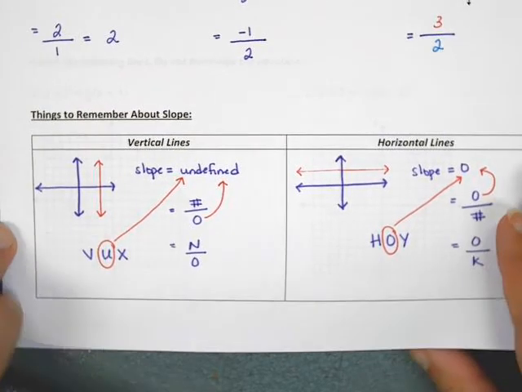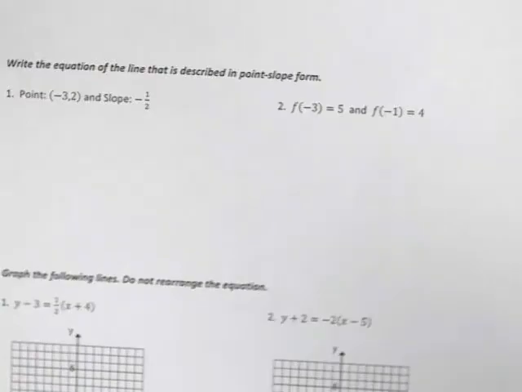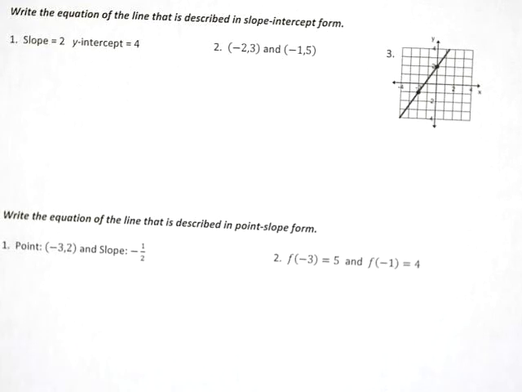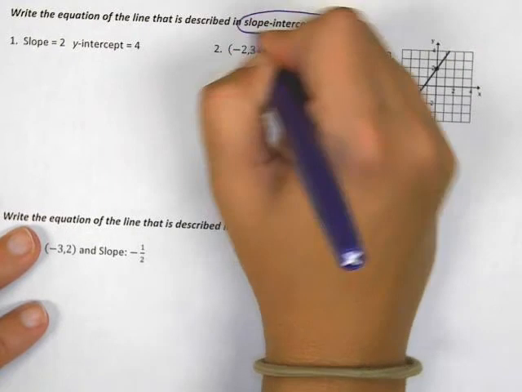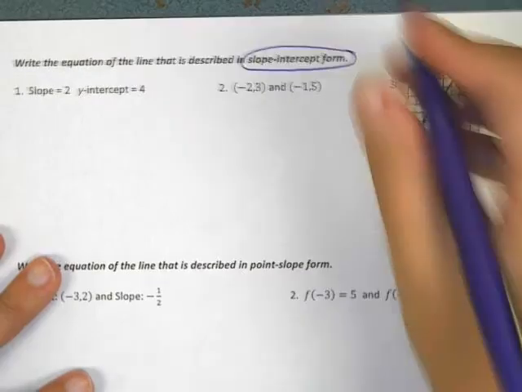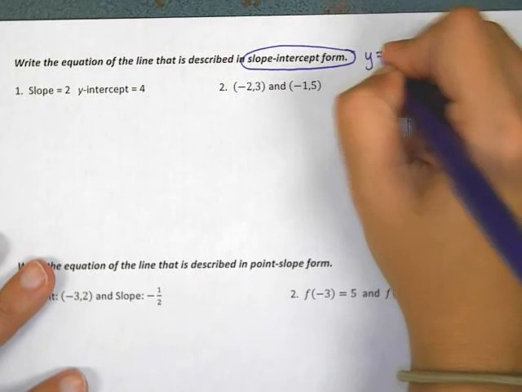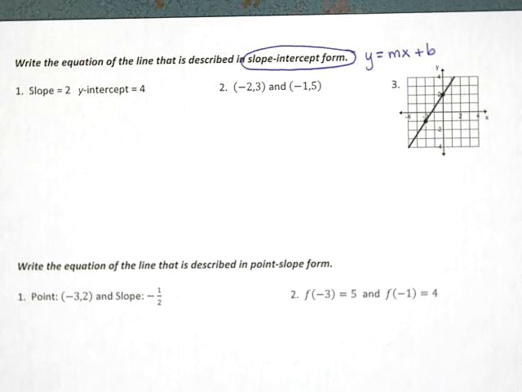Now that we've reviewed slope a little bit, let's review how to actually do these equations, which require us to have a slope. If I say, for example, write the equation of a line that is described in slope-intercept form, you need to know when you read these directions that slope-intercept form means y equals mx plus b.